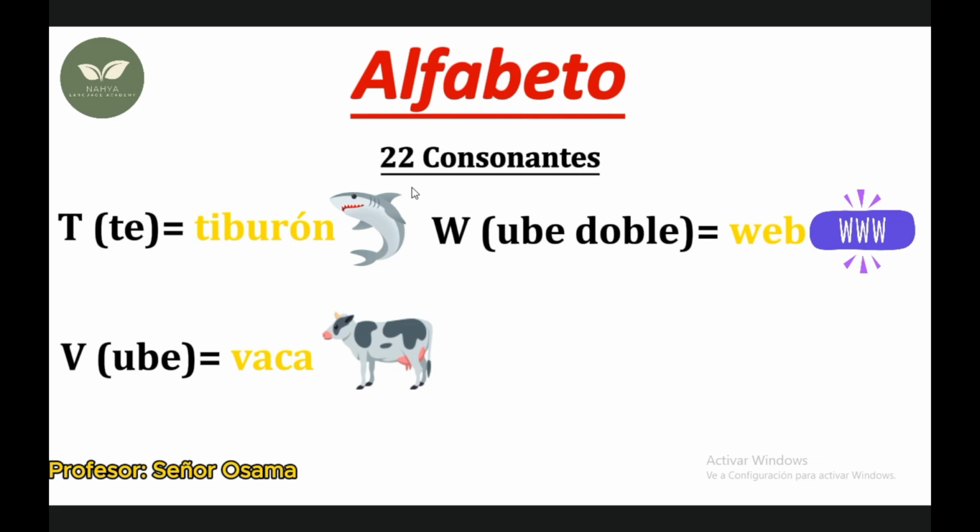Next one is uve doble. Actually, in Spanish we don't use this letter a lot, so I put the word web as an example. Web. We pronounce it exactly like in English, so we say web also in Spanish.